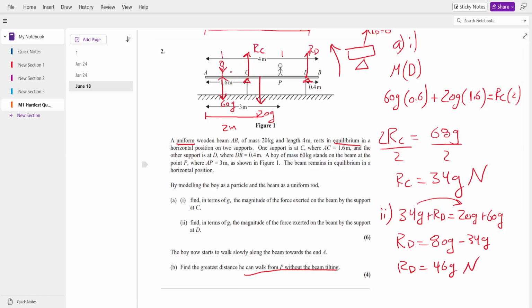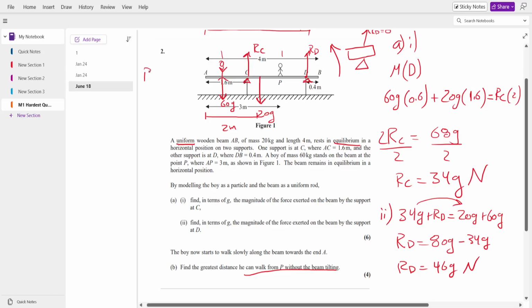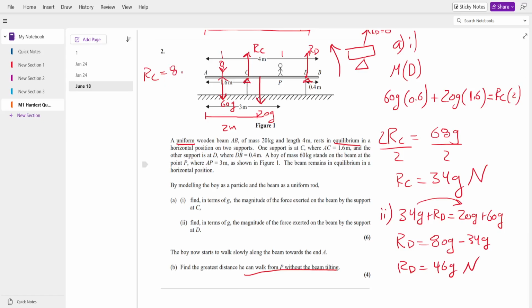And then let's say we're going to take moments about C. If we take moments about C, this is a clever way to cancel the reaction at C because I don't know it. I can find it. The reaction at C is going to basically equal the two downwards forces, so it's going to equal 20G plus 60G, which is 80G.